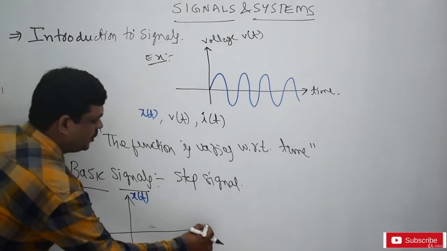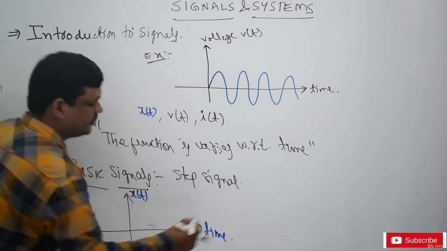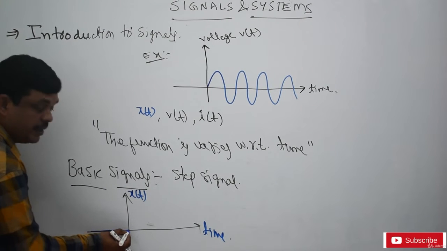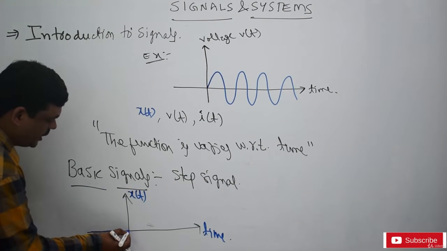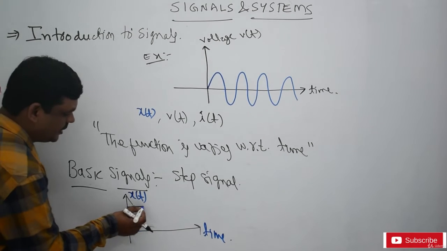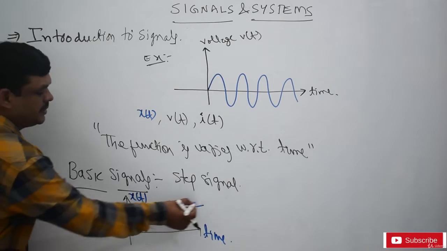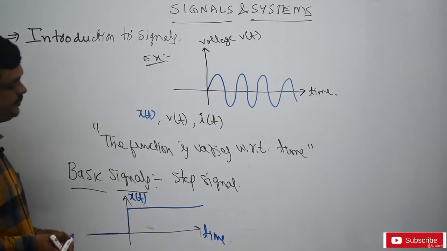So with respect to the time axis, initially the function is 0. At exactly t equal to 0, it suddenly increases and maintains a constant. Now the shape of the signal is a step shape.